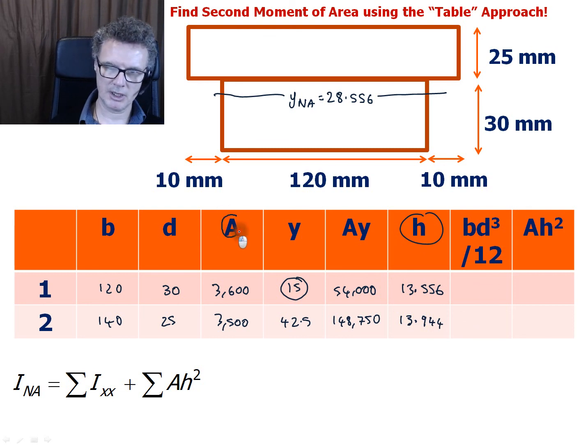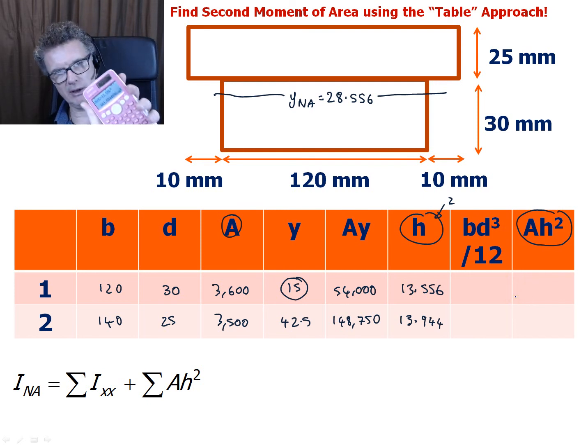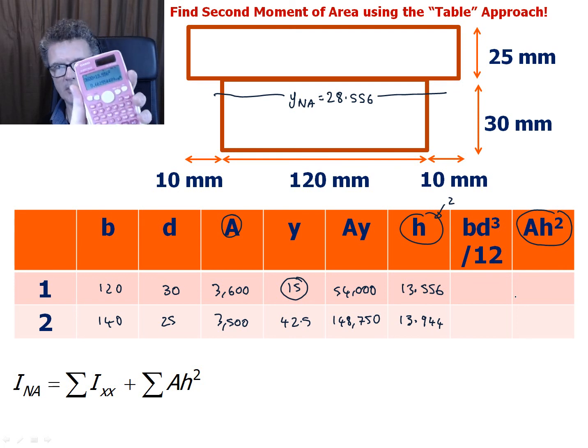Let's do my AH squared. So I've got my A. I'm going to take my H, square it, and find my AH squared. 3,600 times 13.556 squared. Right, so these numbers are coming in around times 10 to the power 3, so I'm going to make them go up to 10 to the power 6 by using my eng button.